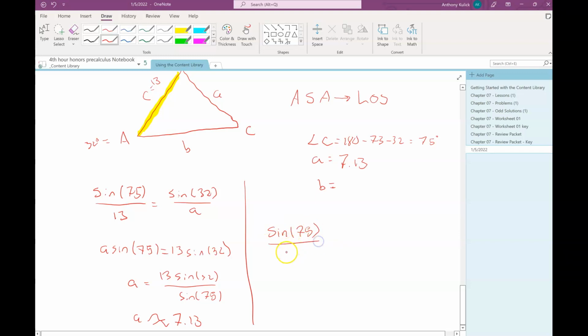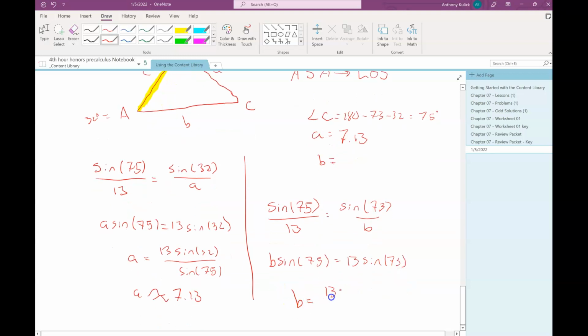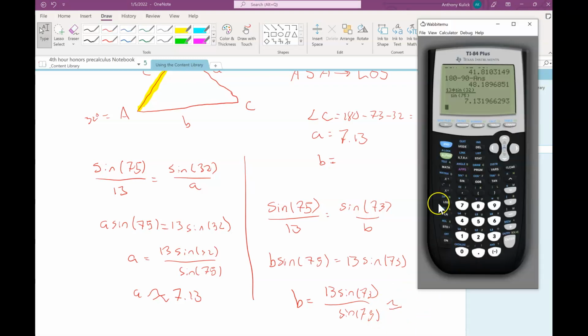So again, sine C over C is equal to sine B over B. Again, we'll cross multiply and then divide by sine 75. And I get 12.87 there.